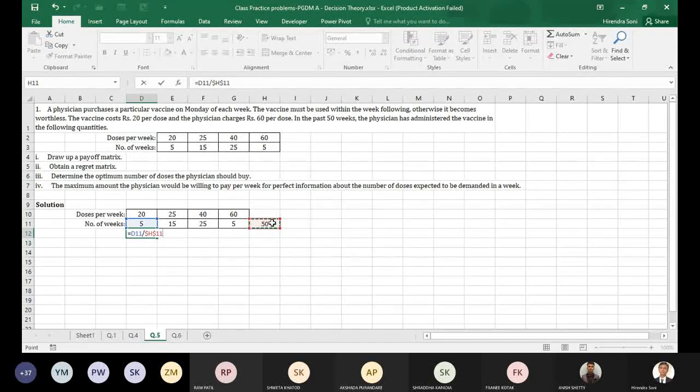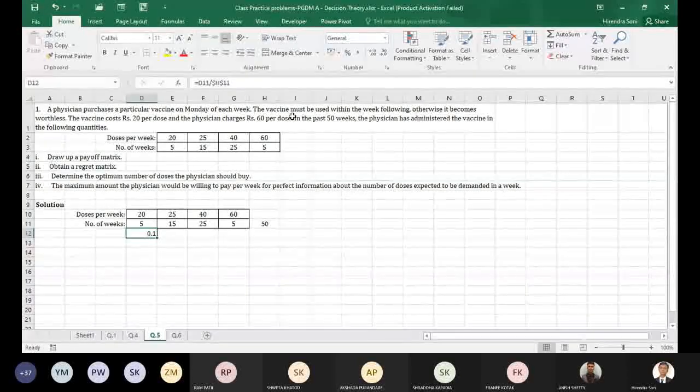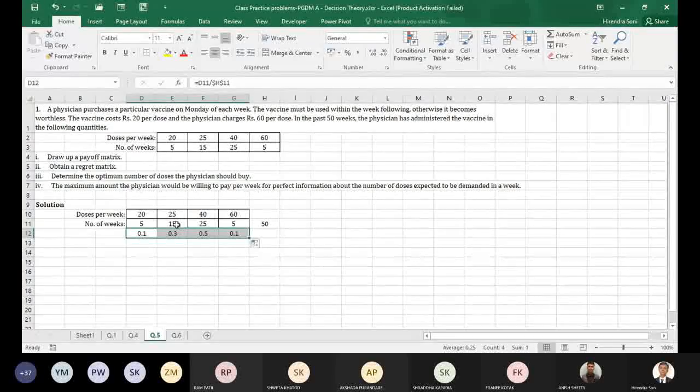I'm just freezing the summation. So that means 0.1. If I drag it across, this is 15 divided by 50, 25 divided by 50, 5 divided by 50. So this is what you get.